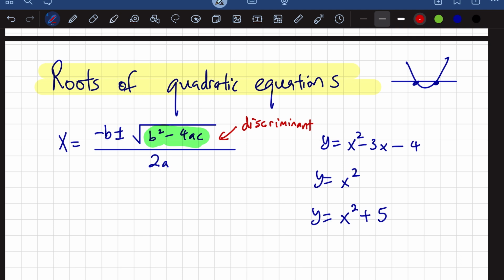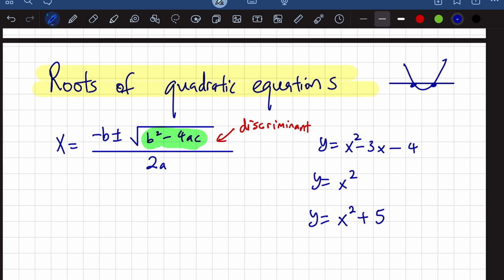So, we're going to look at three examples here, and we're going to see how the different examples, by using the discriminant, can tell us about the type of roots that exist. So, remember, b squared minus 4ac from the quadratic formula is a very, very important formula that you will use on a regular basis.